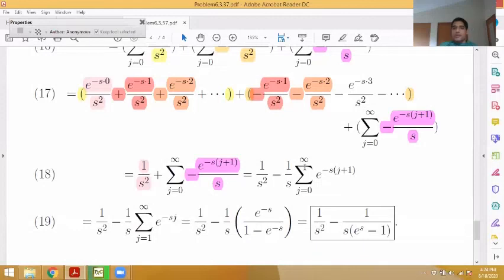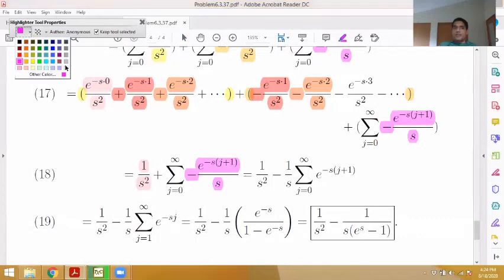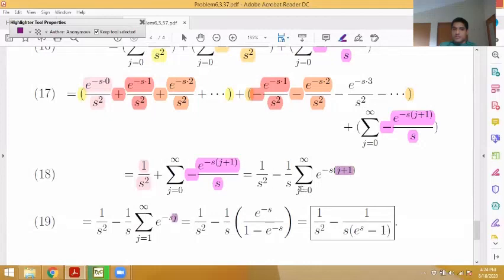And after I do that, I'm going to go ahead and just change my indices. Instead of j plus 1, I'm switching it to j, right? So over here, I'm changing indices. When j is equal to 0 up here, j plus 1 is 1.